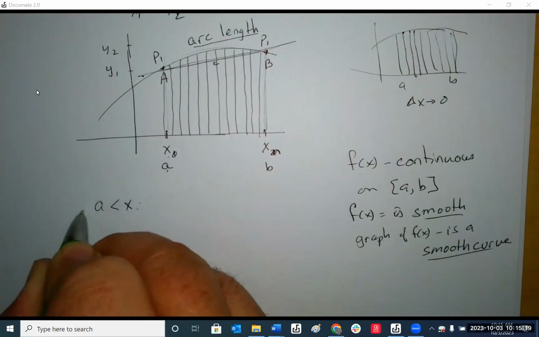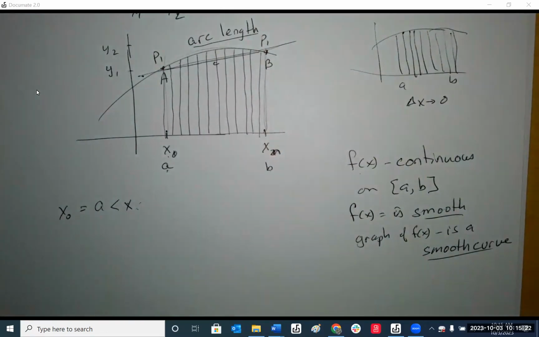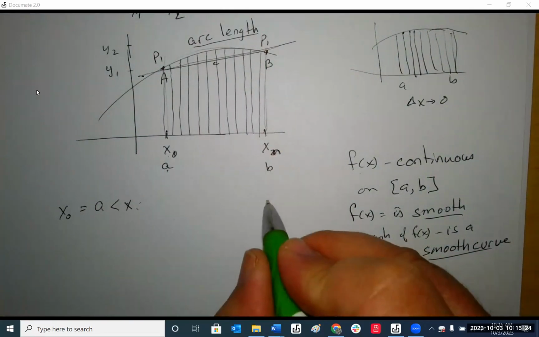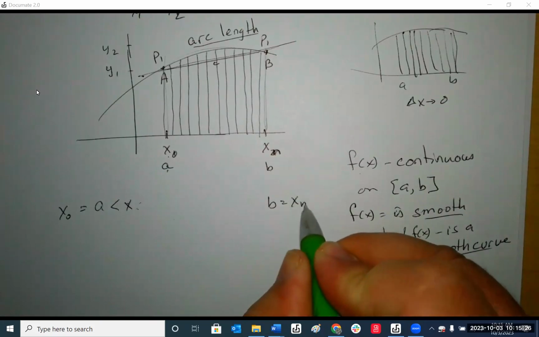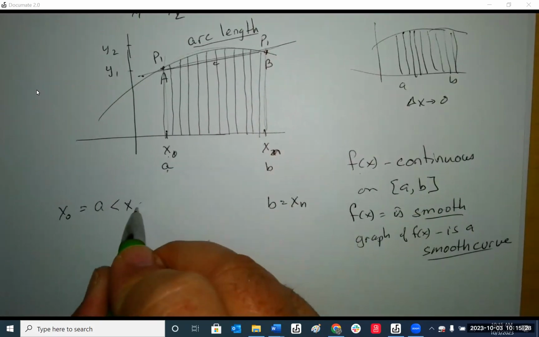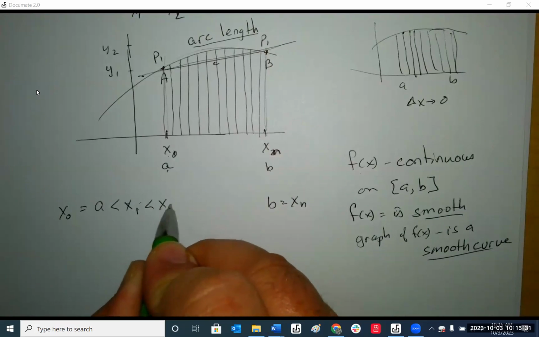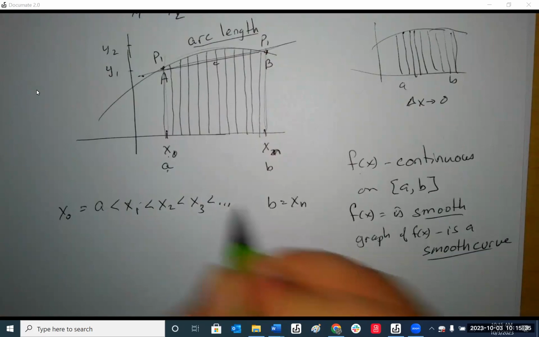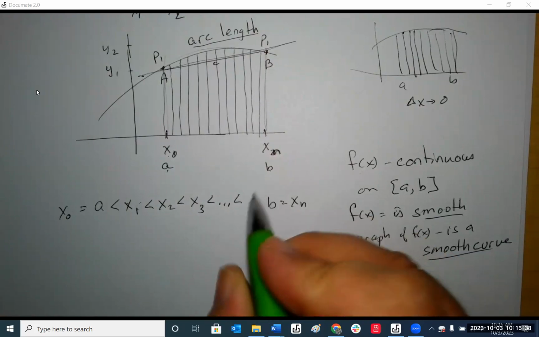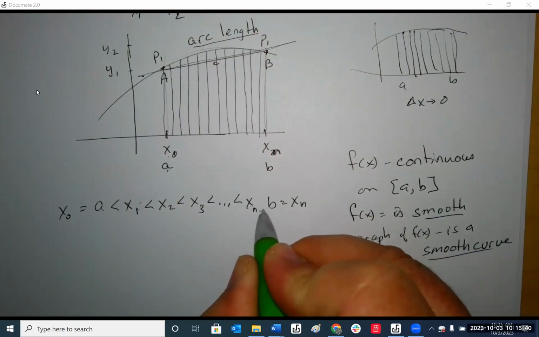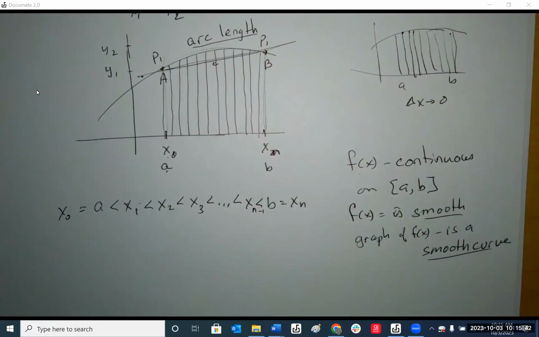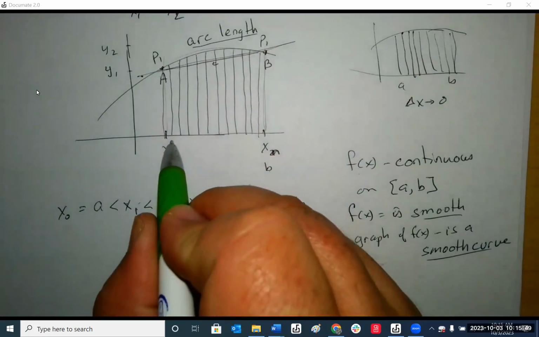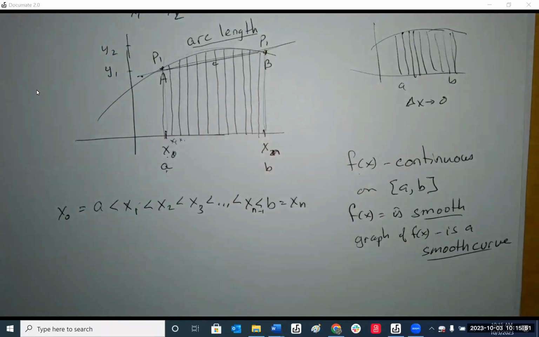A is equal to x sub 0, the far left point. B is equal to x sub n, the far right point. So everything in between has to keep on growing. So this is x sub 1, x sub 2.